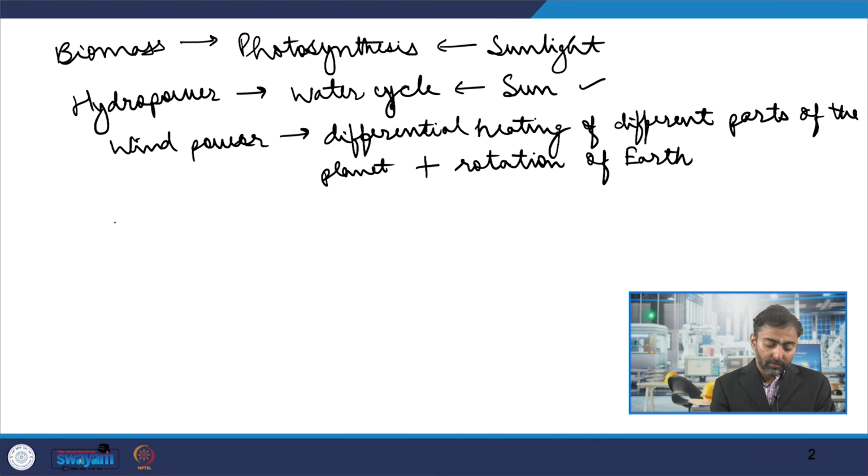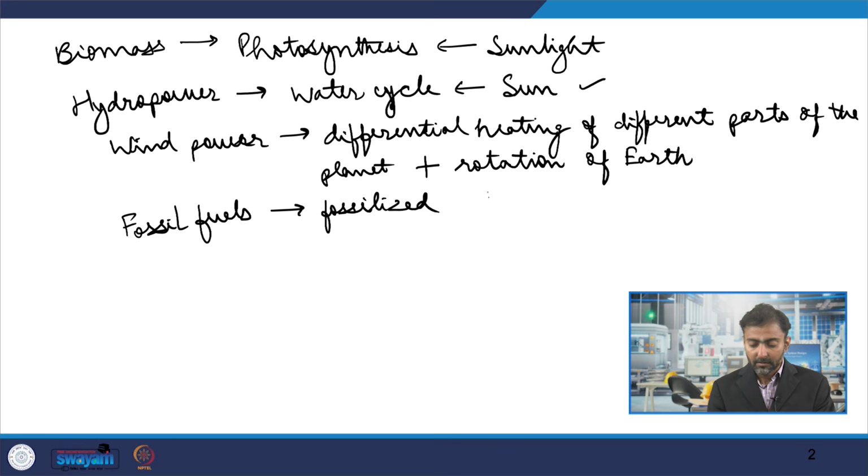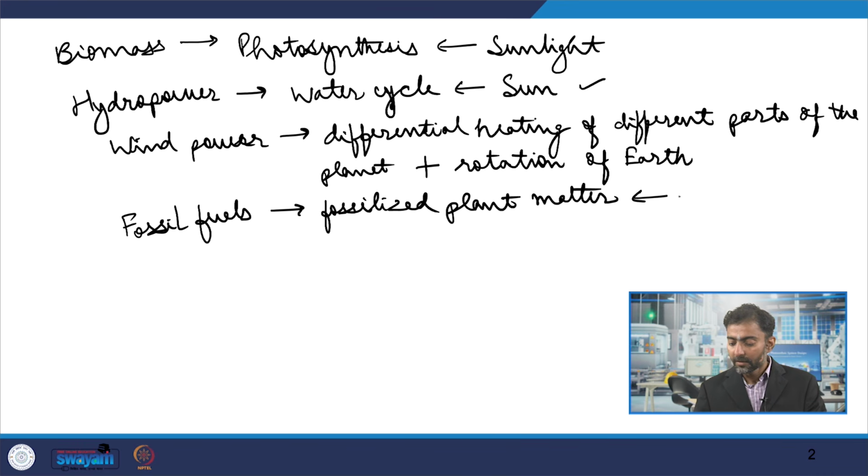And then, perhaps the most outrageous example might be fossil fuels. Fossil fuels, as we understand, are fossilized plant matter which got fossilized over several millennia, over several geological ages.